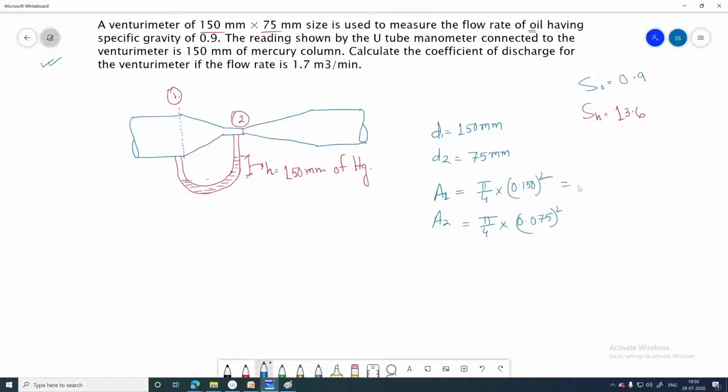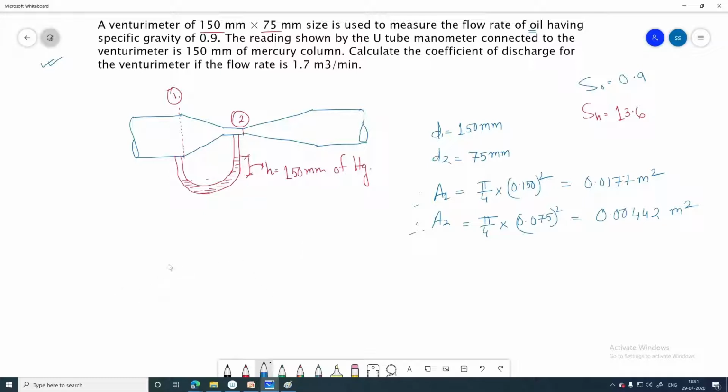The value of A1 is 0.0177 meter square. Please cross check. And A2 is 0.00442 meter square. So A1 and A2 we already got.